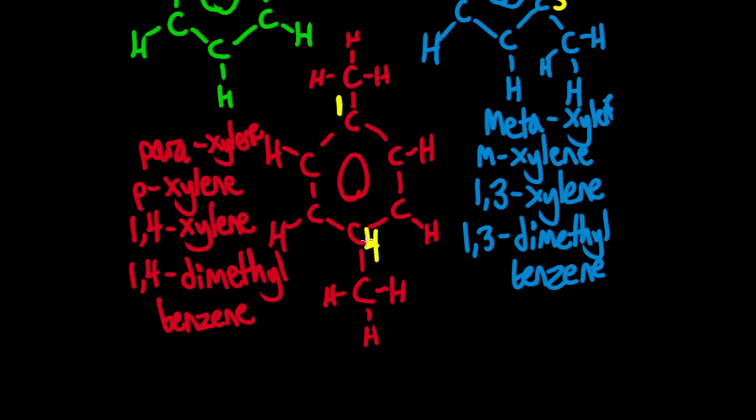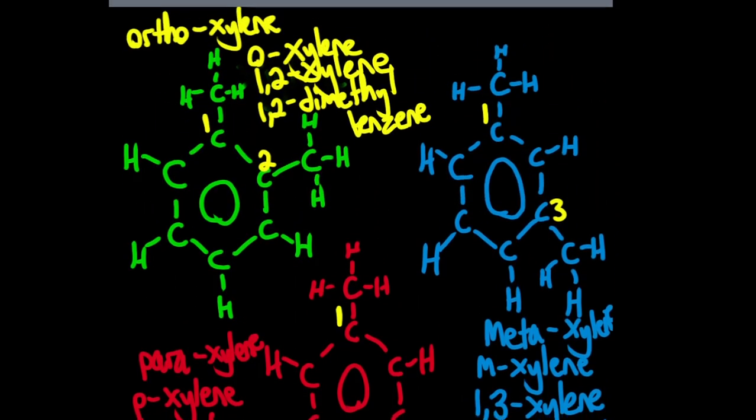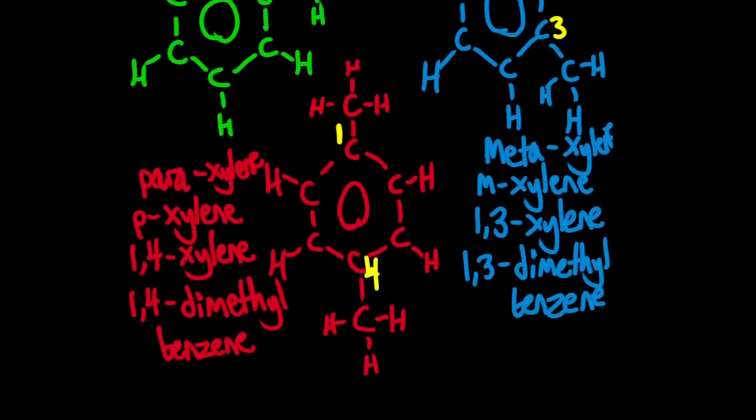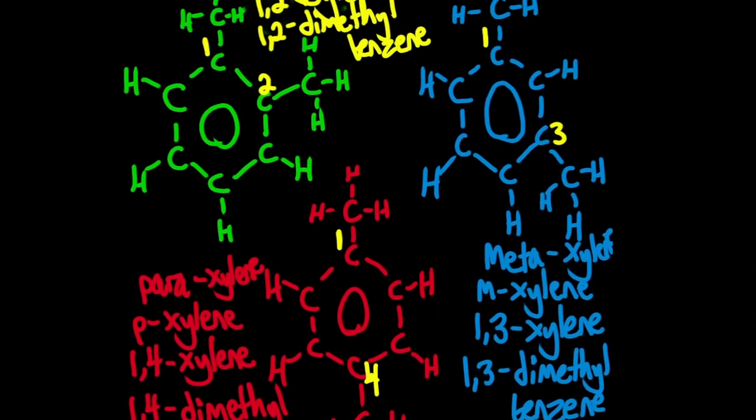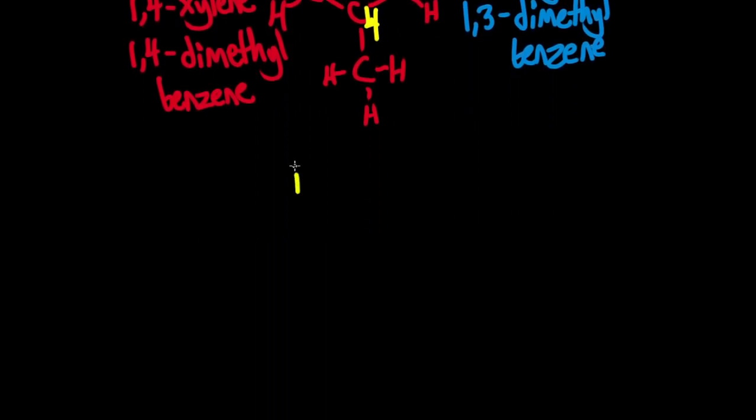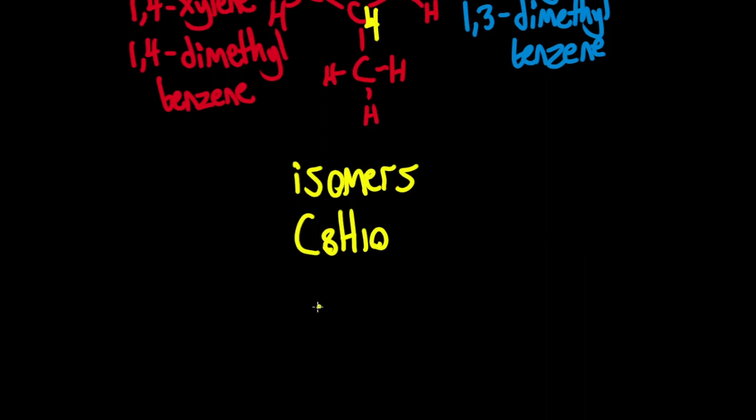Alright, and because these have the same parts, okay, same formula, but different structures, these are going to be called isomers. And in particular, their formulas are going to be C8H10, which, like with toluene, I'm not a big fan of, so what I can do is C6H4, and because I've got two methyl groups, I'm going to put that methyl in parentheses with a 2 out there.